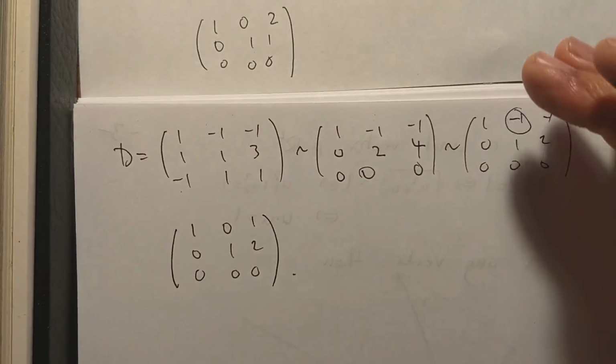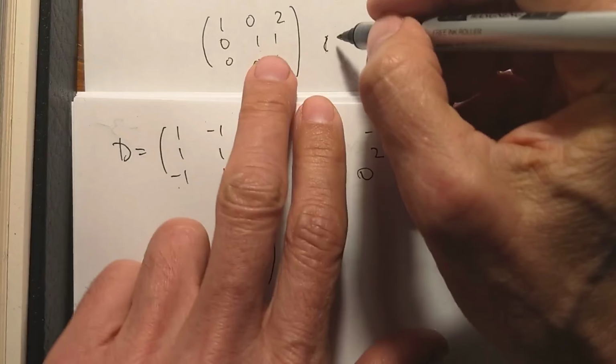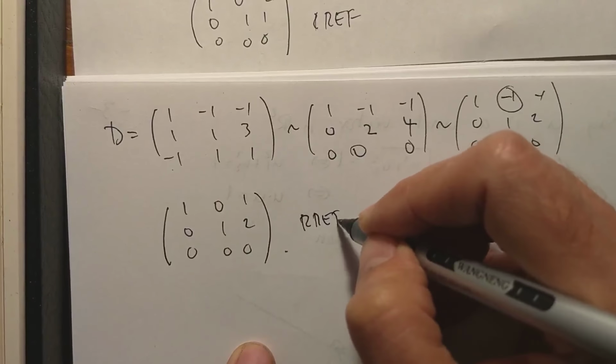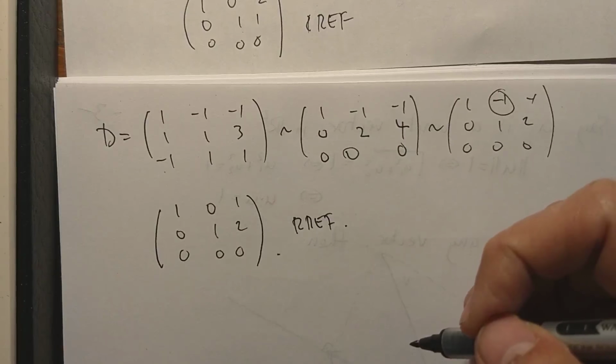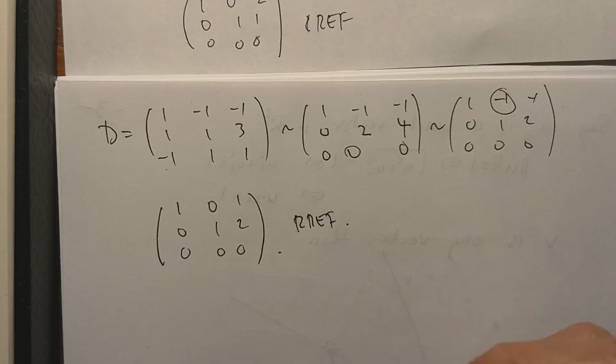So we see that there are exactly two reduced row echelon forms.